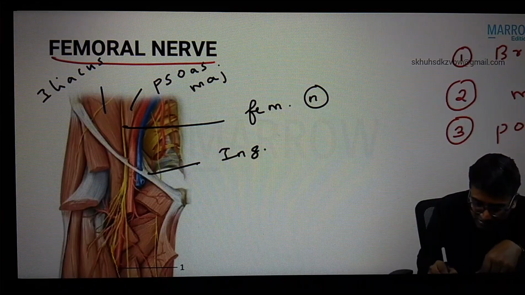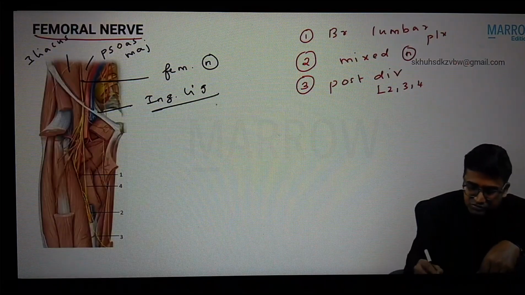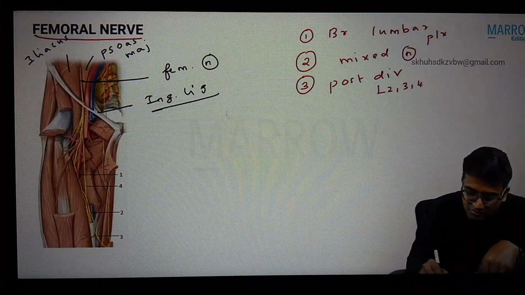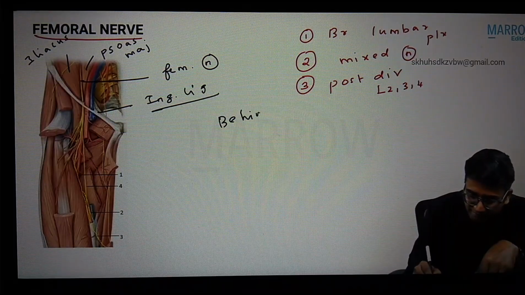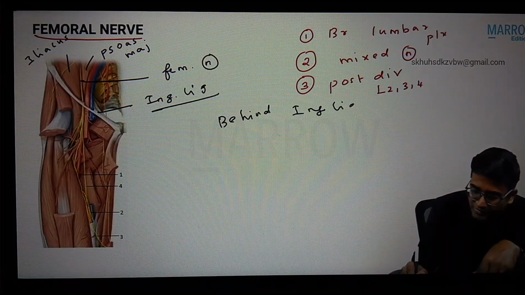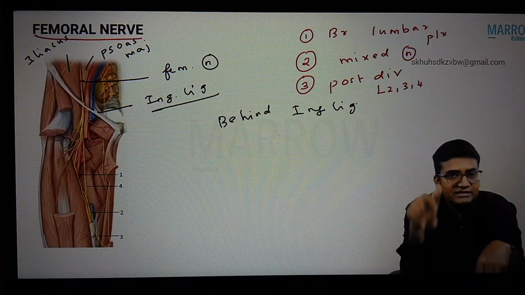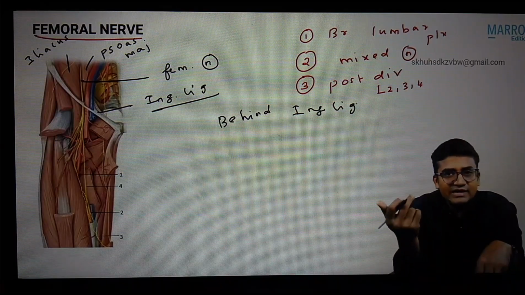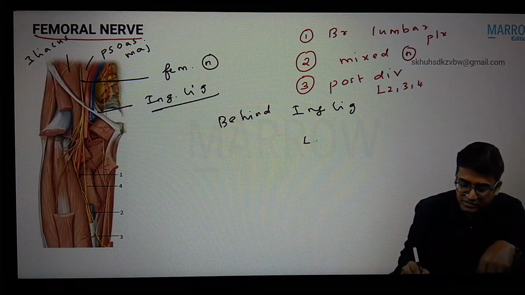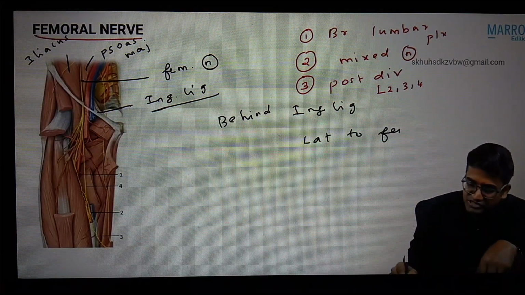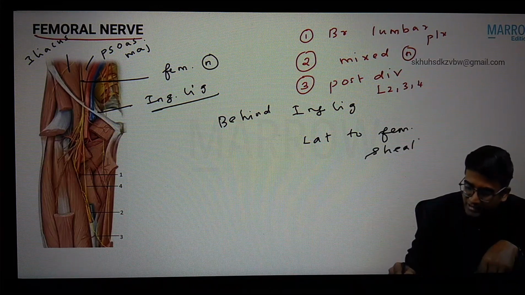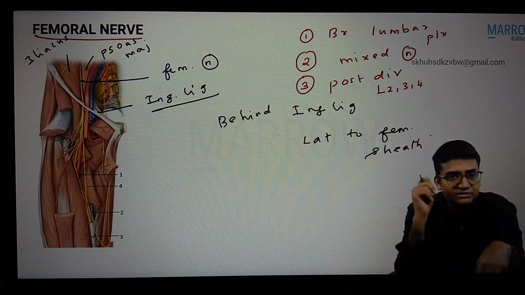So this is our inguinal ligament. The nerve passes behind the inguinal ligament. And in the thigh, the femoral nerve is lying lateral to the femoral sheath, not enclosed by the femoral sheath.